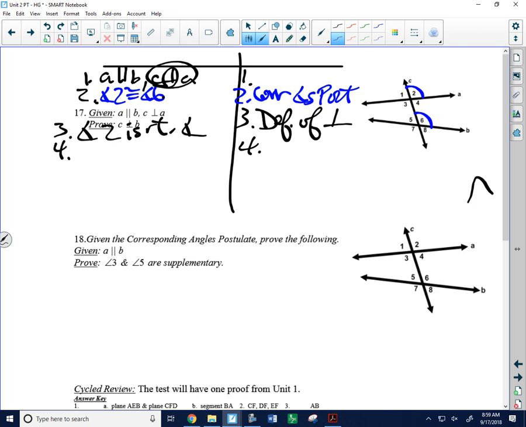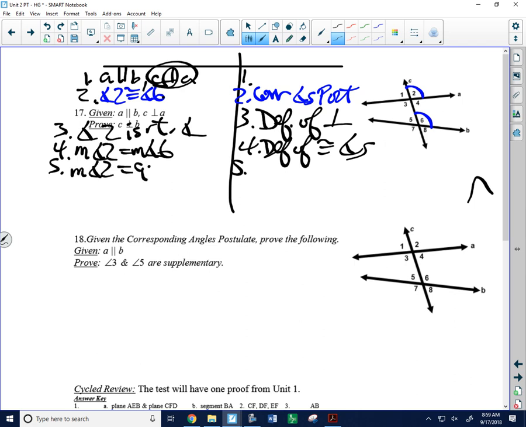Step 2 becomes measure of angle 2 equals measure of angle 6, the definition of congruent angles. Step 3 becomes measure of angle 2 equals 90, the definition of right angle.